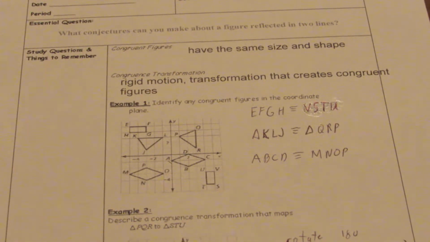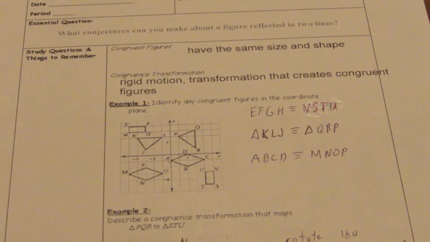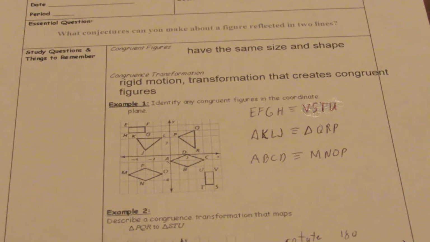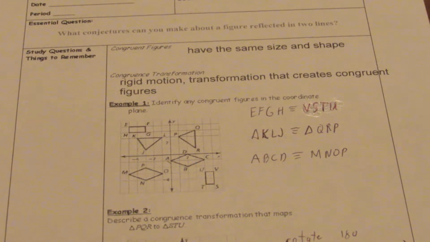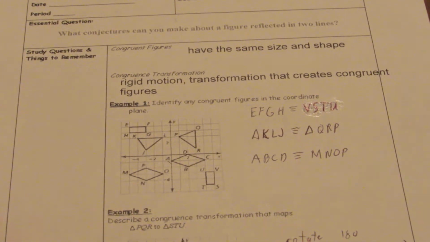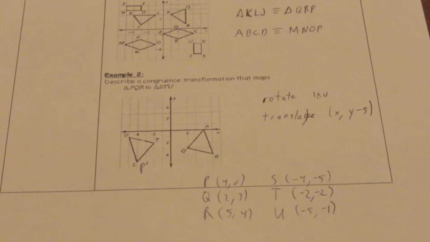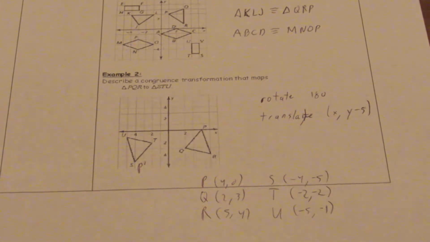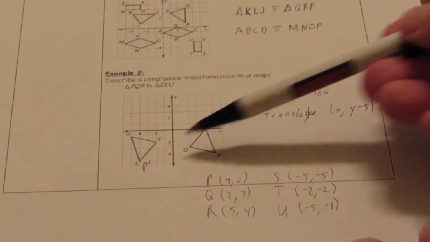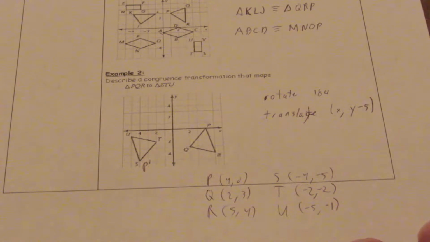Example 2 says describe a congruence transformation that maps triangle PQR to triangle STU. So I'm looking at those two triangles and how they match up. You need to put some thought in this and look at what happens. They're not facing the same way, so it's not just a translation.